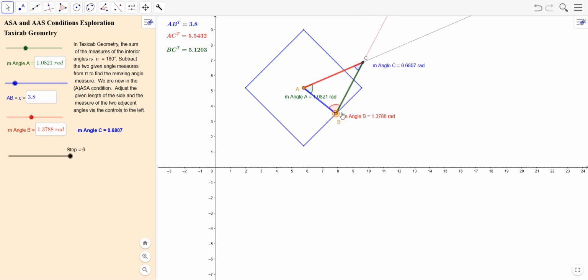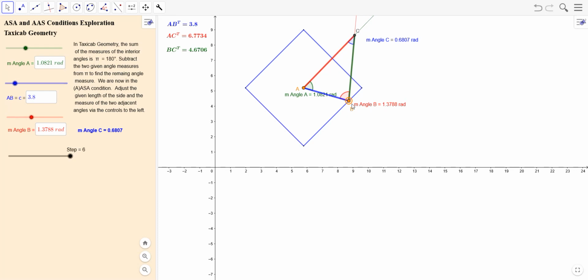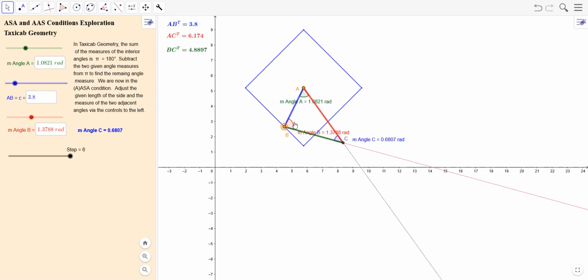For example, that one and that one have the ASA or AAS or AAAS conditions. They have four corresponding congruent parts, three angles and one side congruent, but they do not have the other two sides congruent. So there are actually infinitely many congruence classes here.